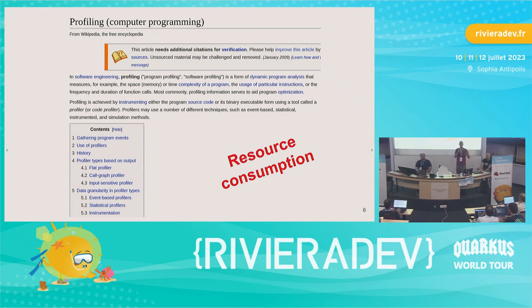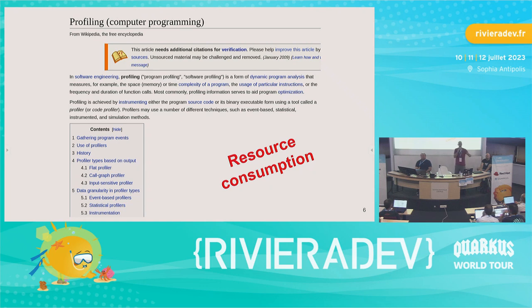So, what's important? The key word about profiling is not that they are measuring performance. Performance is a word that doesn't mean anything, actually. Performance of what? You can have different kinds of resources you should care about while you write your program, while you have to deploy your program. It could be memory, could be CPU time, it could be number of cores, it could be a lot of things.